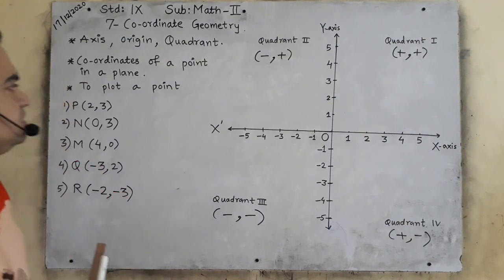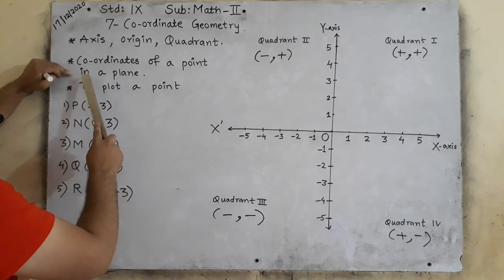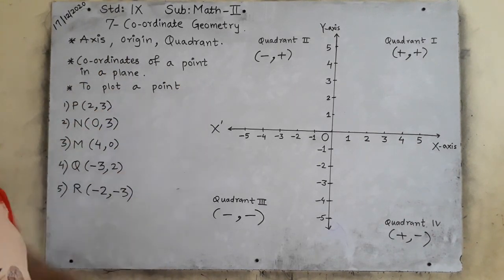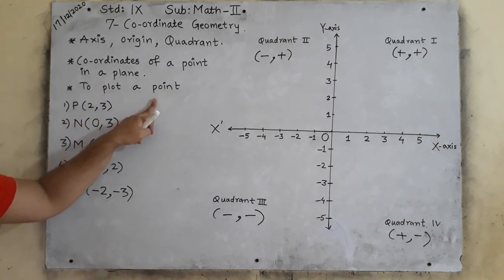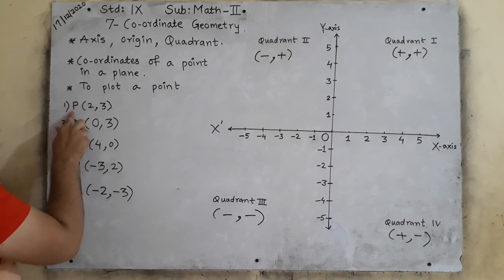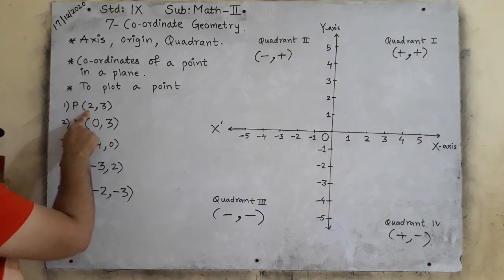Okay. So my dear students, now we have learned axis, origin, quadrant, and coordinates of a point in a plane. We have seen coordinates to plot a point. Now we will see how to plot the points. See number first, point P, and the coordinates of point P are 2, 3. This 2 is x-axis.